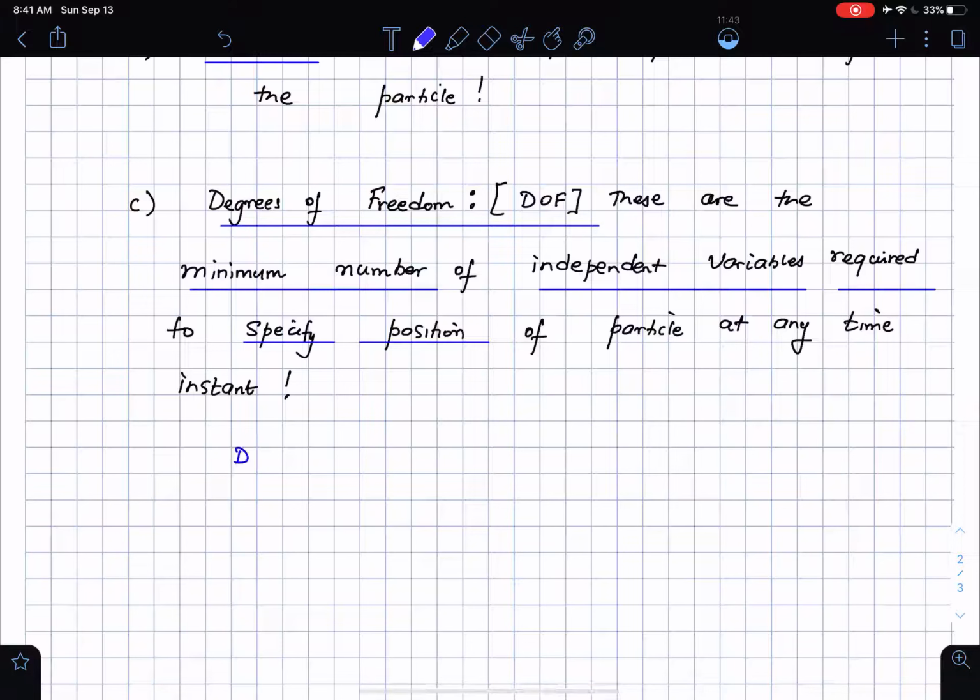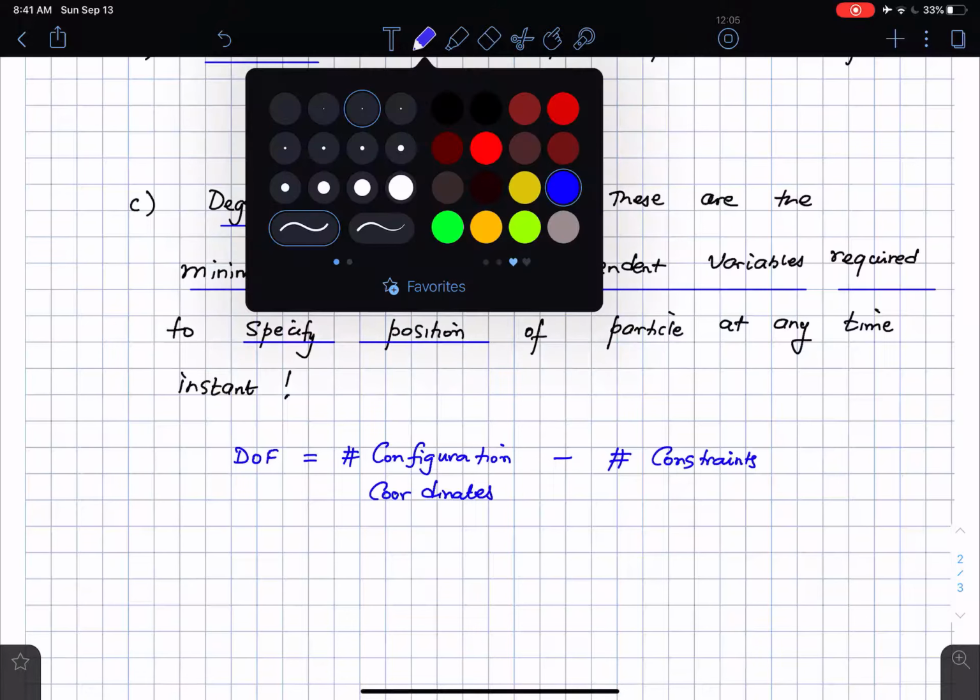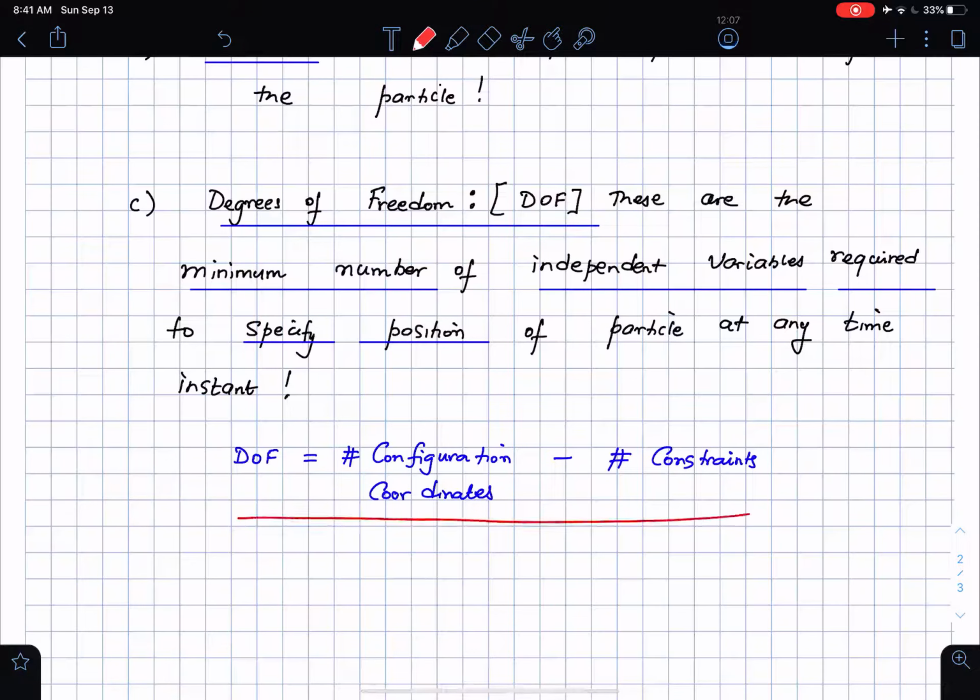The degrees of freedom is equal to the number of configuration coordinates minus the number of constraints. This is a foundational equation in dynamics.